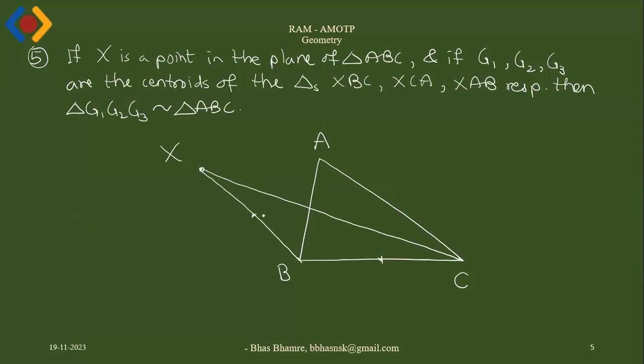So if we draw them, here is G1. Now our another triangle is XCA.